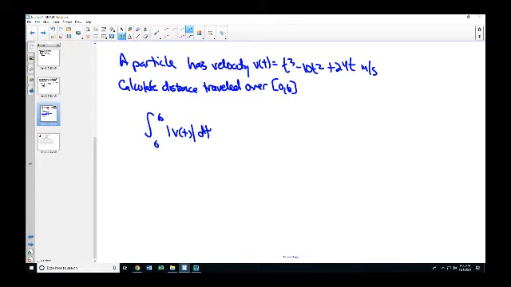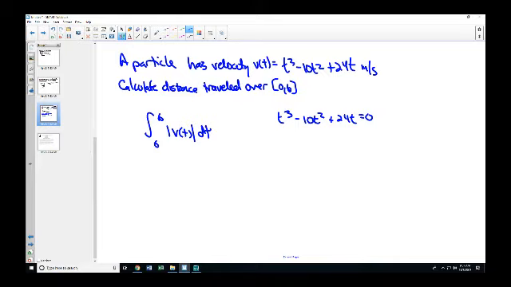Yeah, so we're going to set velocity equal to 0. Looking for sign changes, correct?